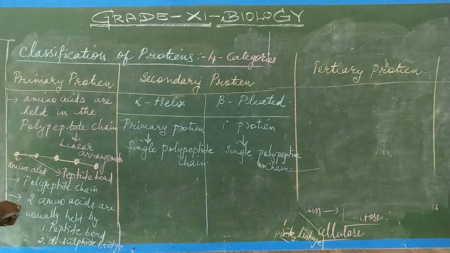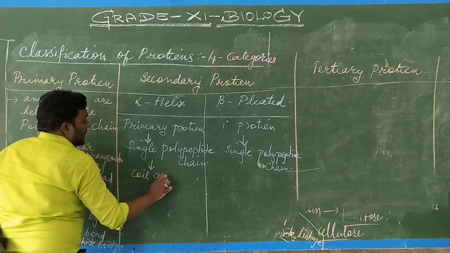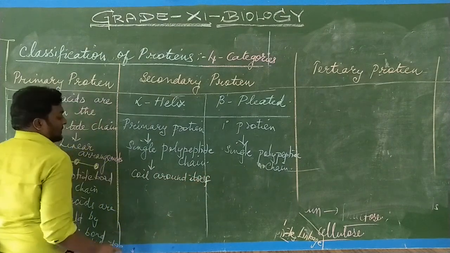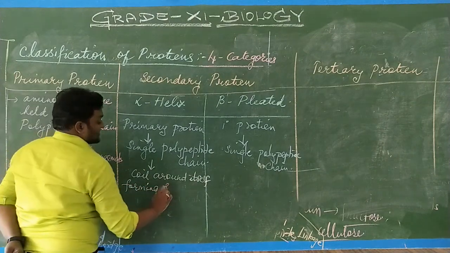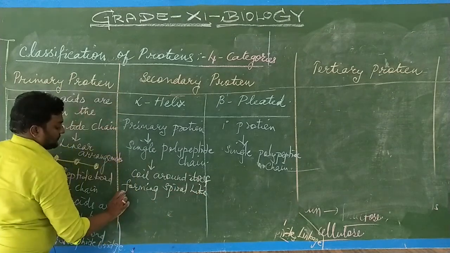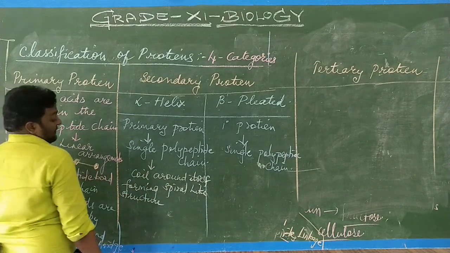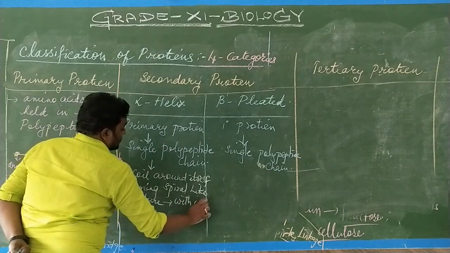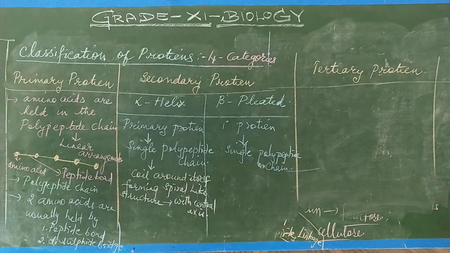So in the single polypeptide chain will get coil around itself forming spiral like structure with the central axis. அது என்ன central axis?